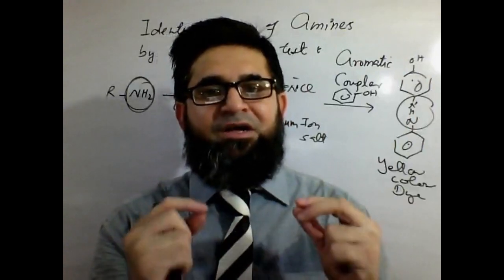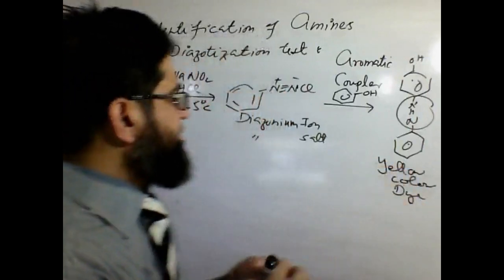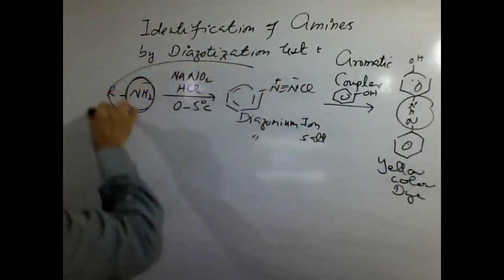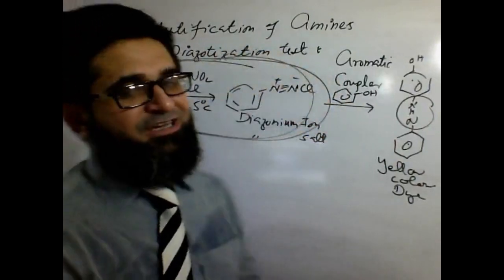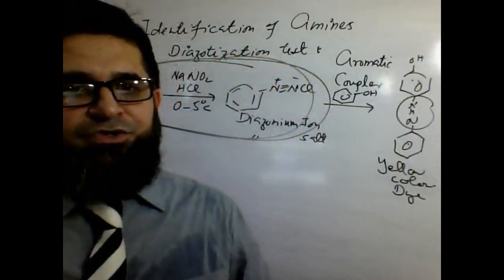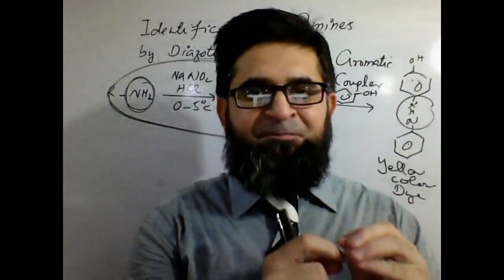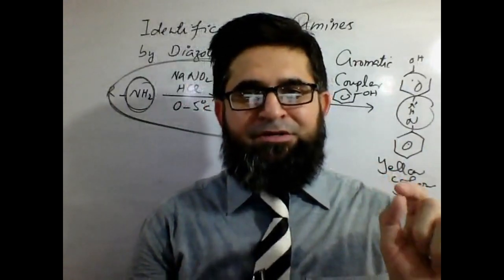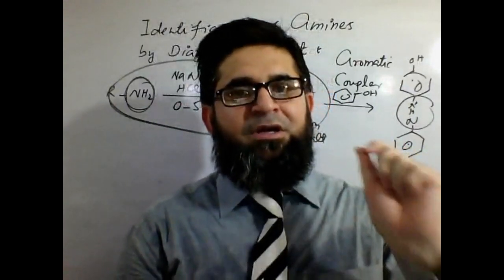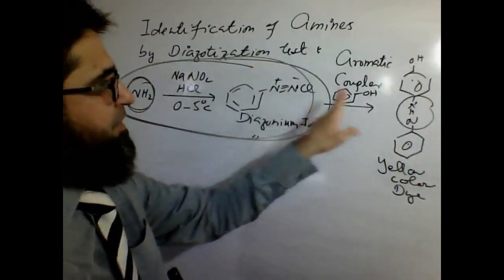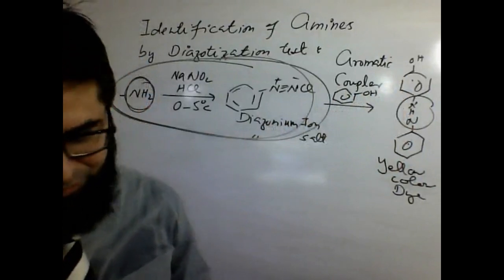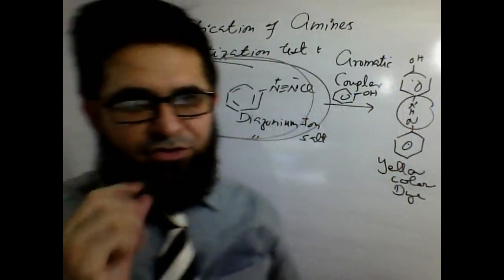A separate lecture has been delivered on the mechanism of how this is converted into this one. This step has been explained in that lecture, so I request you to visit that lecture as well. Once it has been generated, it couples with this and this to produce this one.